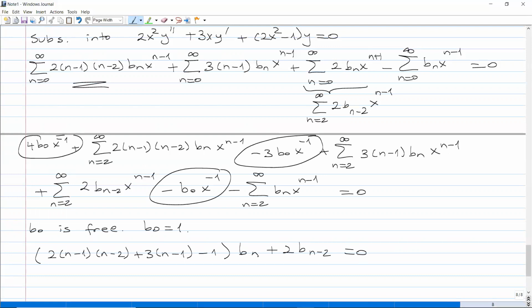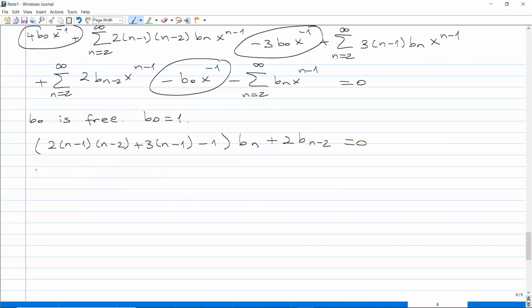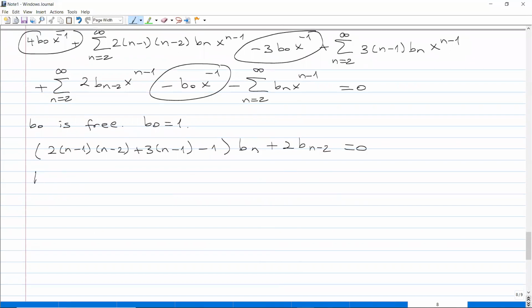So we have bn equal to, I'm sorry, bn is equal to minus 2 bn minus 2 divided by 2n squared minus 6n plus 3n, so minus 3n, and the constant terms will cancel out.